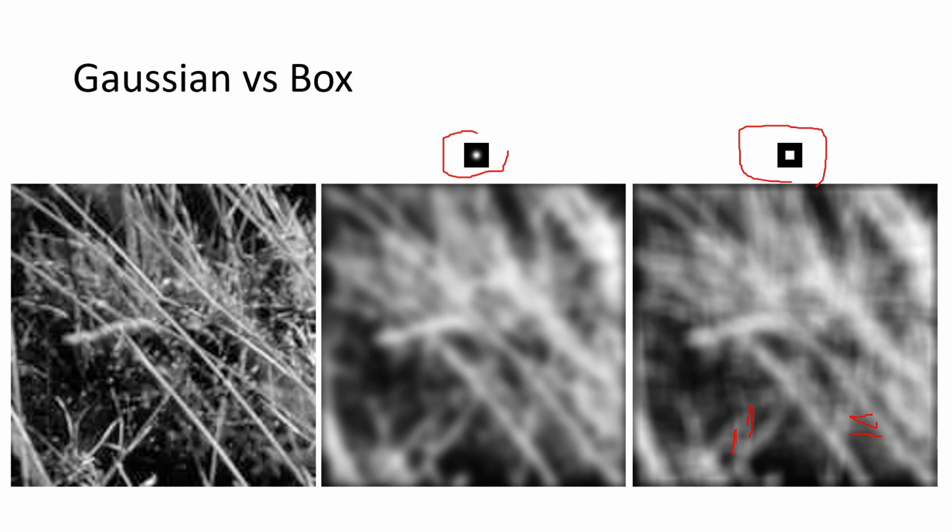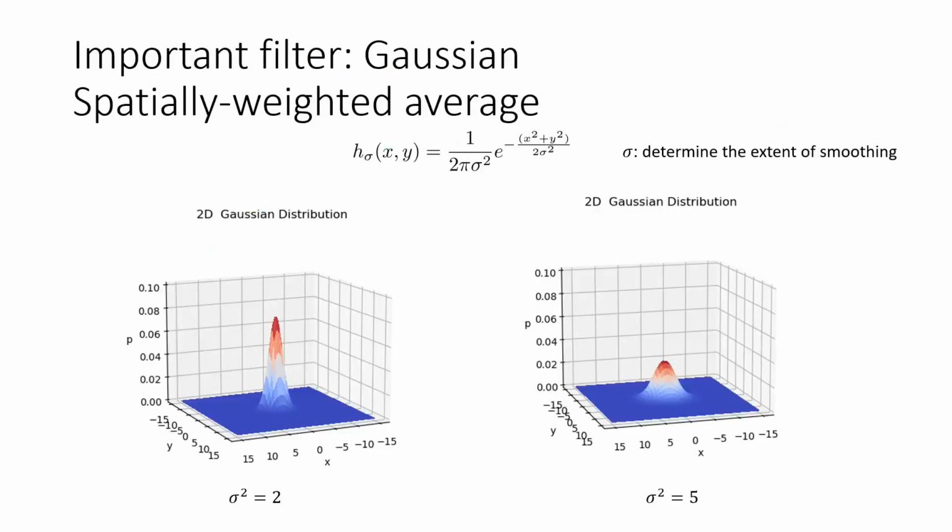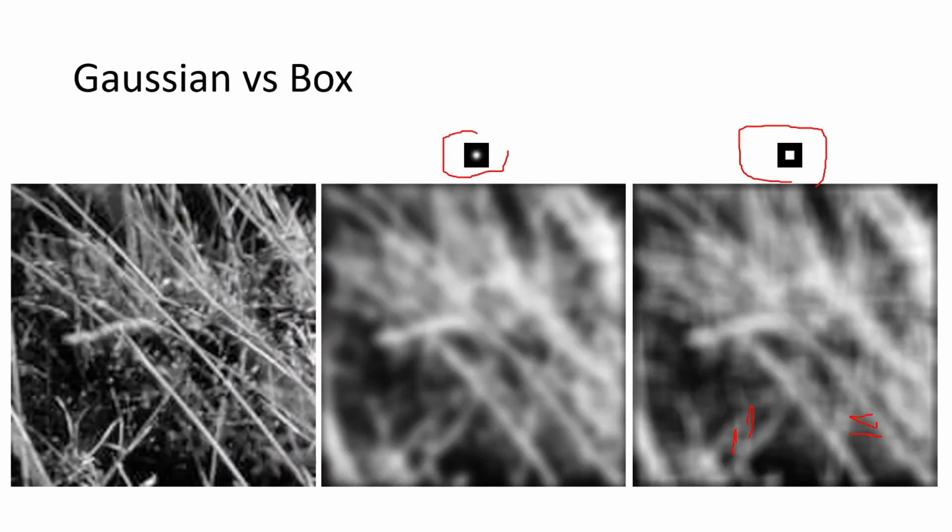For Gaussian, it is only related to the distance from the center, so you cannot see any directions. However, for the box filter, you can still see the edges of the horizontal and vertical boundaries. Therefore, you can see some vertical and horizontal artifacts in the output image.